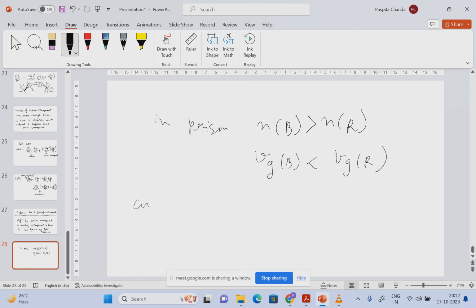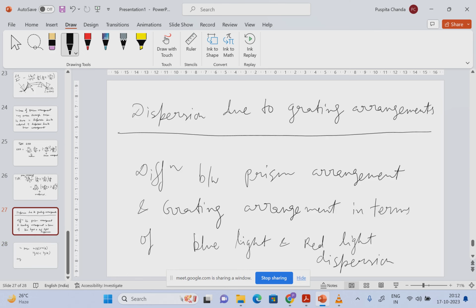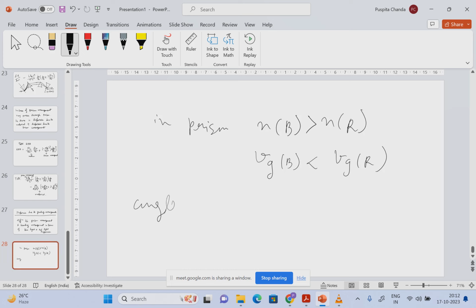And the angle of deviation: blue light is deviated much more than red light.